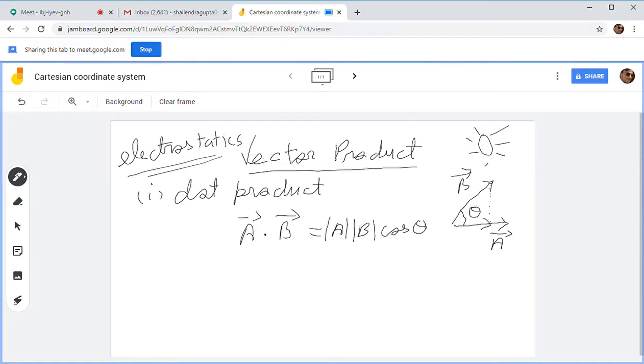It will be this. If this vector is mod B, then this will be mod B cos theta.